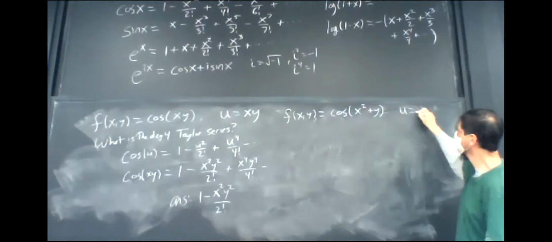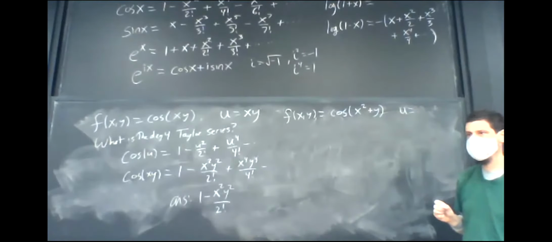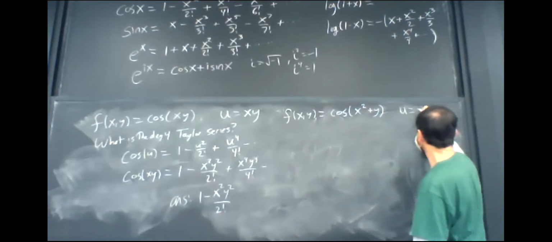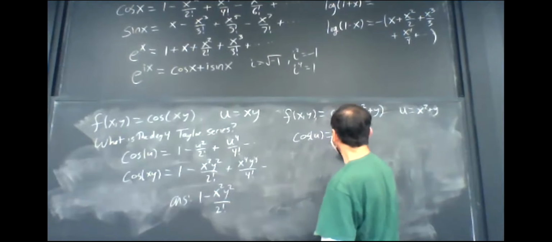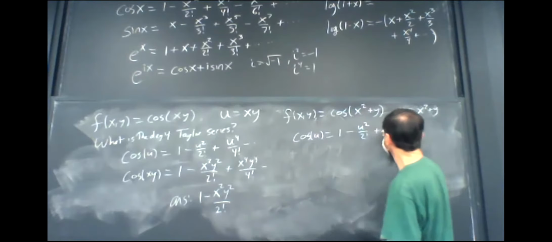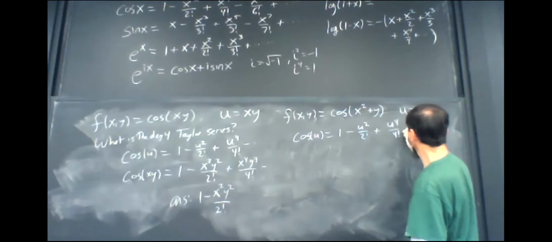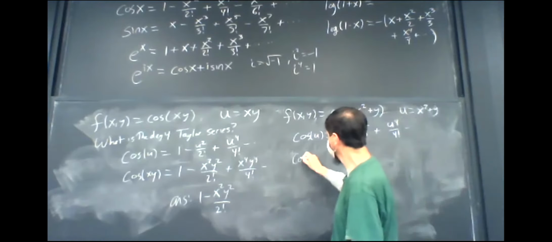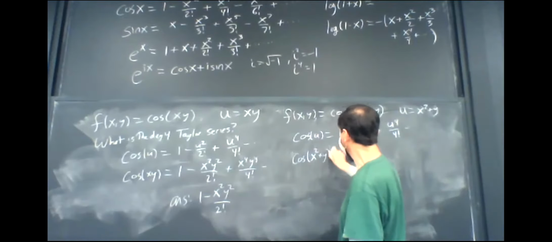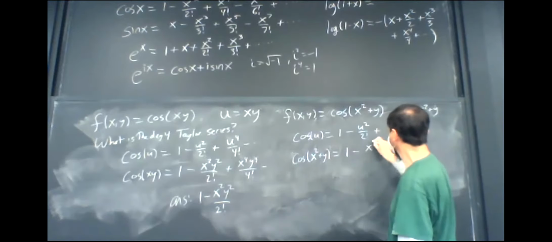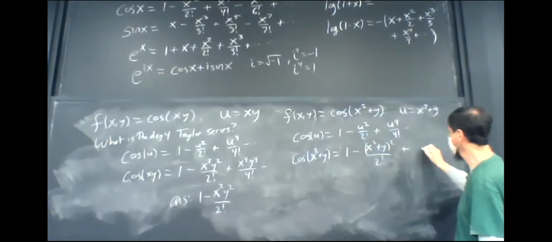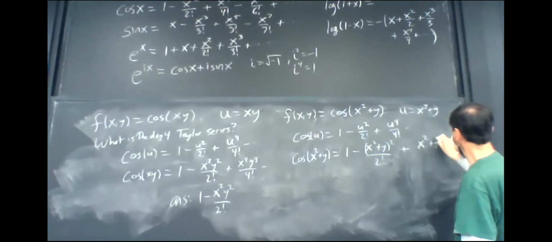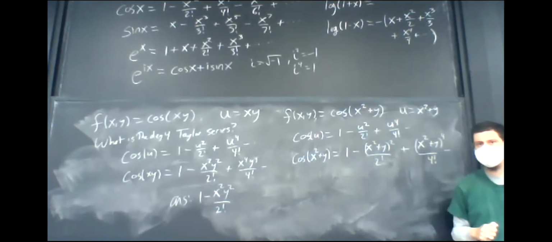What should we take for u? x squared plus y. And then we would get cosine of u is 1 minus u squared over 2 factorial plus u to the 4th over 4 factorial, and so on. So the cosine of x squared plus y is 1 minus x squared plus y, squared, over 2 factorial plus x squared plus y, to the 4th, over 4 factorial, and so on.